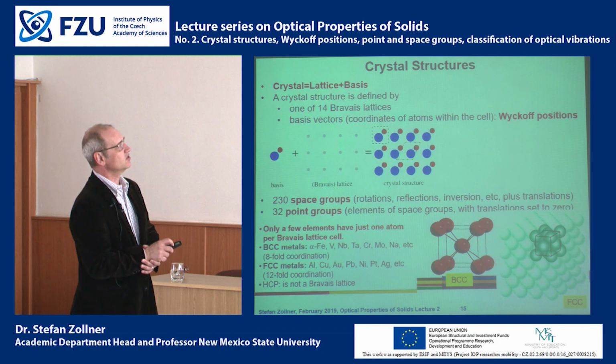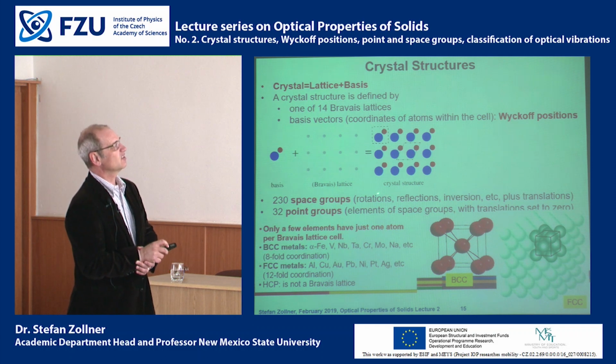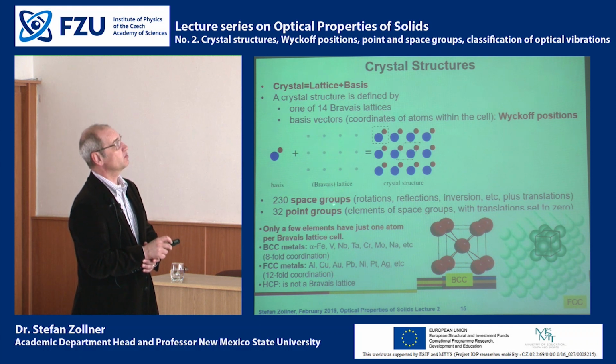And the symmetries of this crystal include rotations, mirror reflections, the inversion. An inversion followed by a reflection is called a rotoinversion; there are combinations of these. And of course, there are translations. So there are 230 space groups which leave the various crystals invariant.